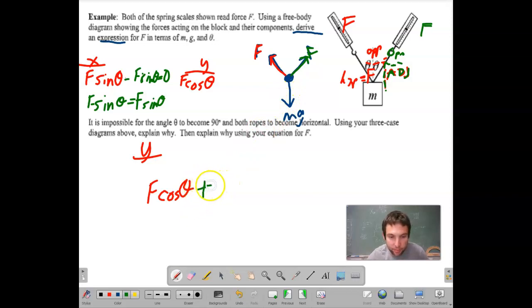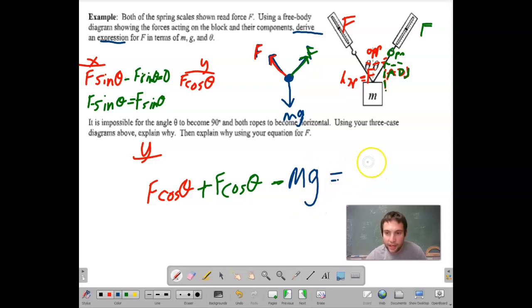So we say plus F cosine theta, minus the stuff that holds it back. If up is positive, then down must be negative. What force is acting down? The weight force, minus mg. And it's suspended, it's not doing anything, so it all equals 0.